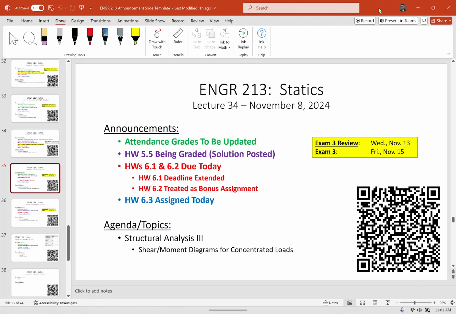Okay, so let's say we have a truss and I put some loads on it, a load here, what have you. And I figure out that this member right here experiences 30 kilonewtons in tension.